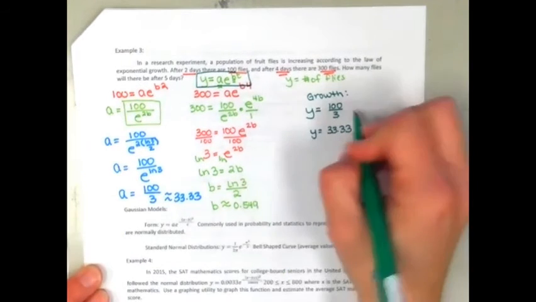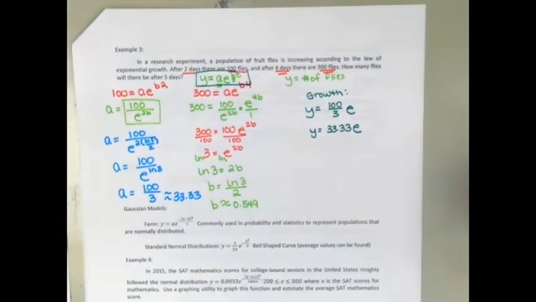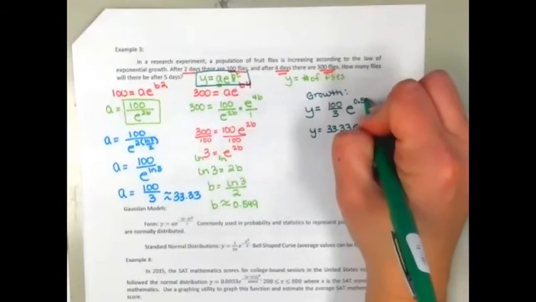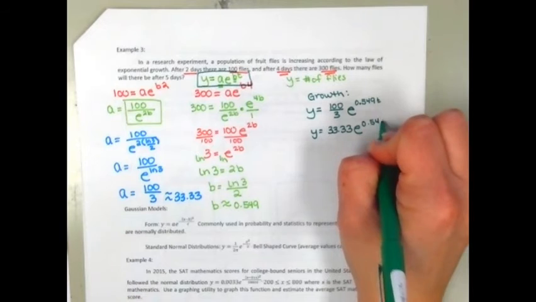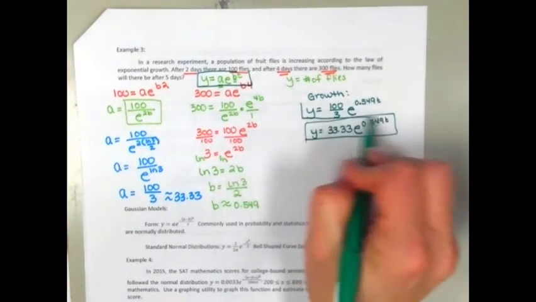Yeah, it's fine. e to the B times T. So what's my B? This one we have to use our decimal. 0.549 times T. So here is my exponential growth model.